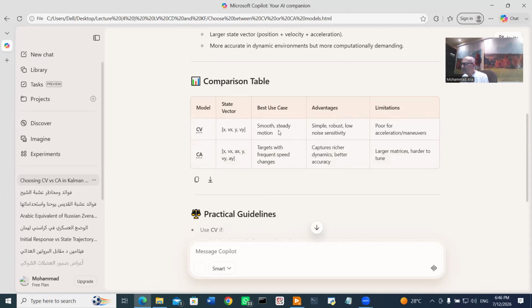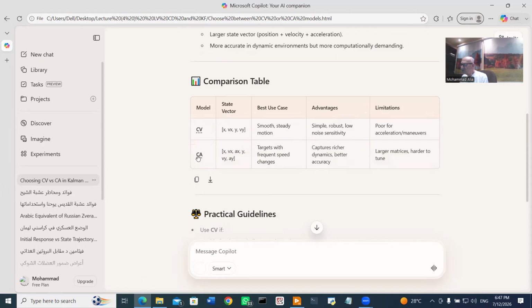Constant velocity is best used for smooth, steady motion. Constant acceleration for targets with frequent speed changes. The advantages of CV: it is simple, robust, and has low noise sensitivity.